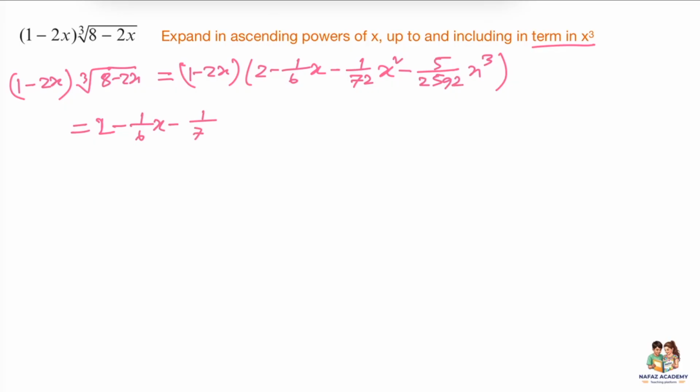But I am showing you, it is not necessary to show that. 1 times 5 over 2592, it is an x to the 3 term, and 2x times 1 over 72 x square, it is also an x to the 3 term. Anyway, expand all of this.